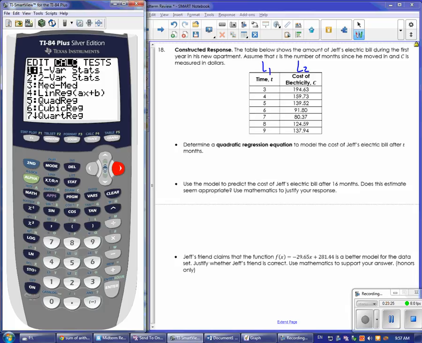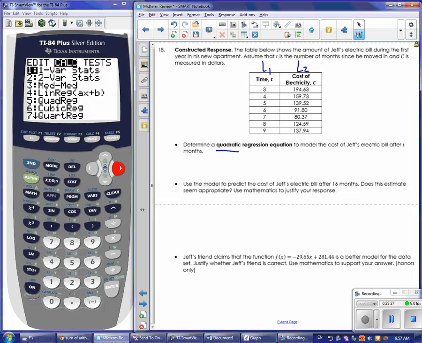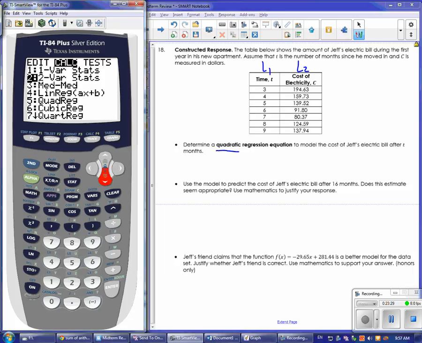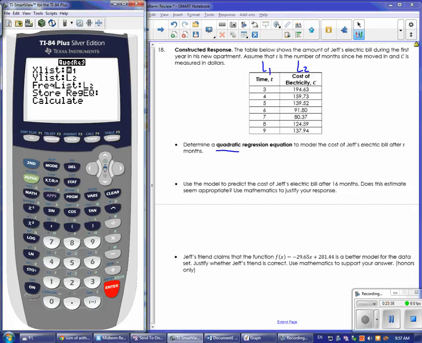Now you are specifically asked to use quadratic regression here. So you want to scoot down until you get to option 5, which is quadratic regression. We're going to press enter. And the calculator requires that you tell it where the data is and where you want to store your equation.